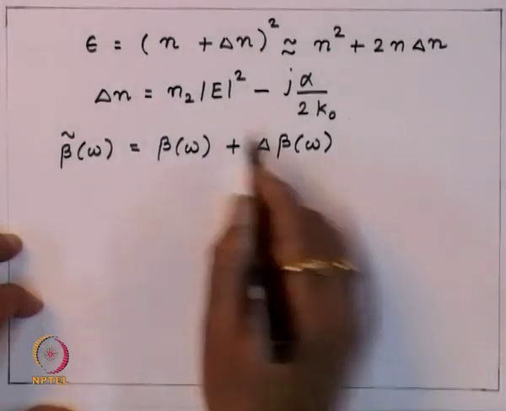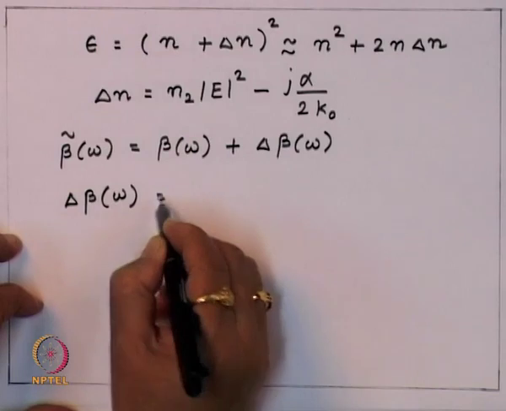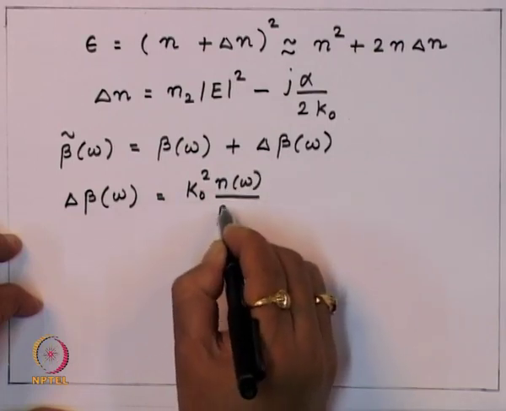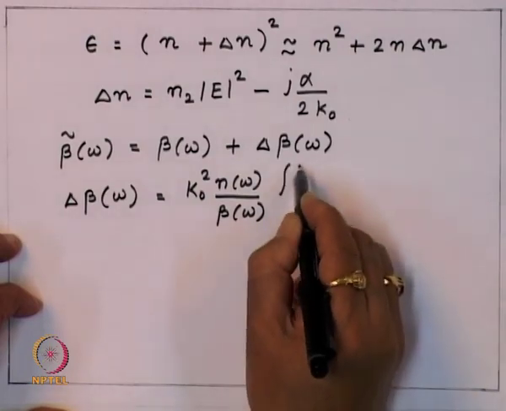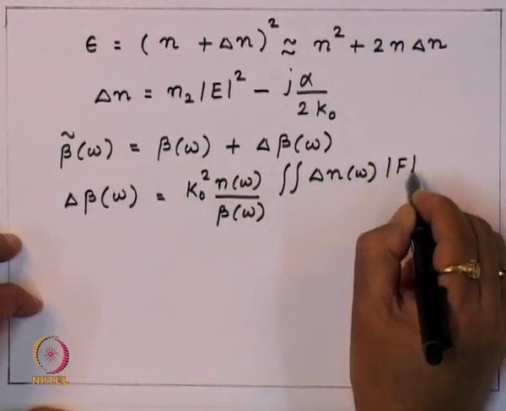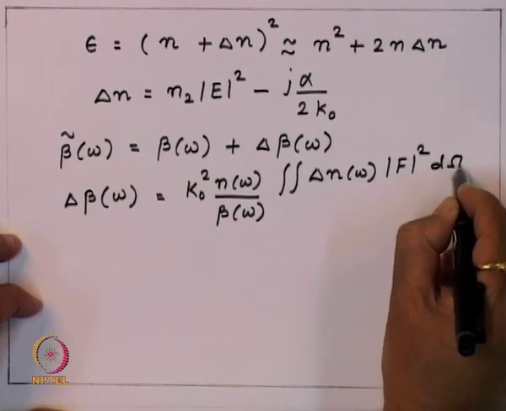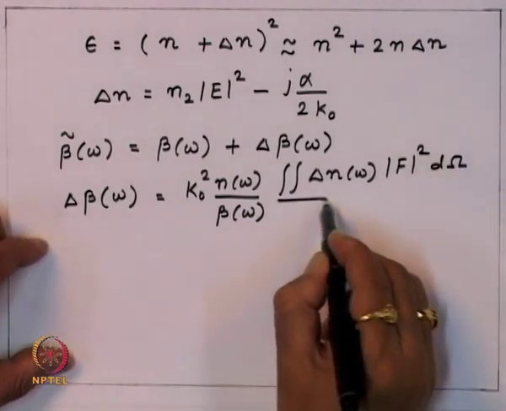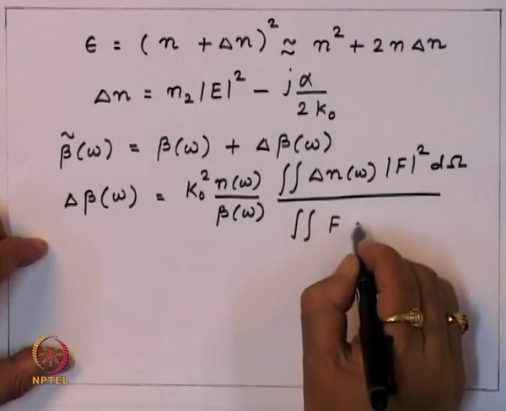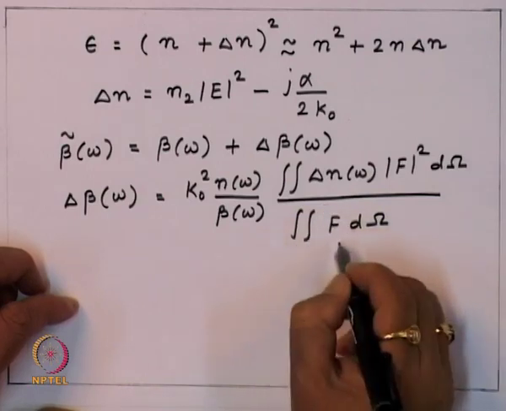And the delta beta omega can be obtained essentially from this, which is given as delta beta omega equal to k naught square n omega divided by beta omega, times the integral of delta n as a function of omega times the field distribution F square d omega over the cross-sectional area, divided by the integral of F square d omega.